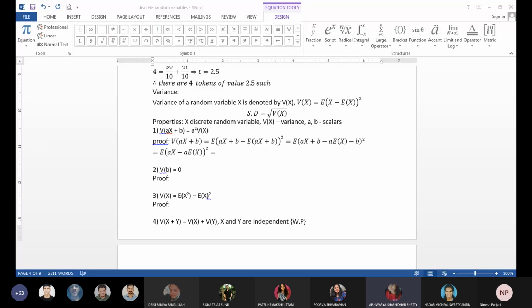Sir, tell me the second step again. Second step, what will be expected value of ax plus b? It is a times expected value of x plus b, right?